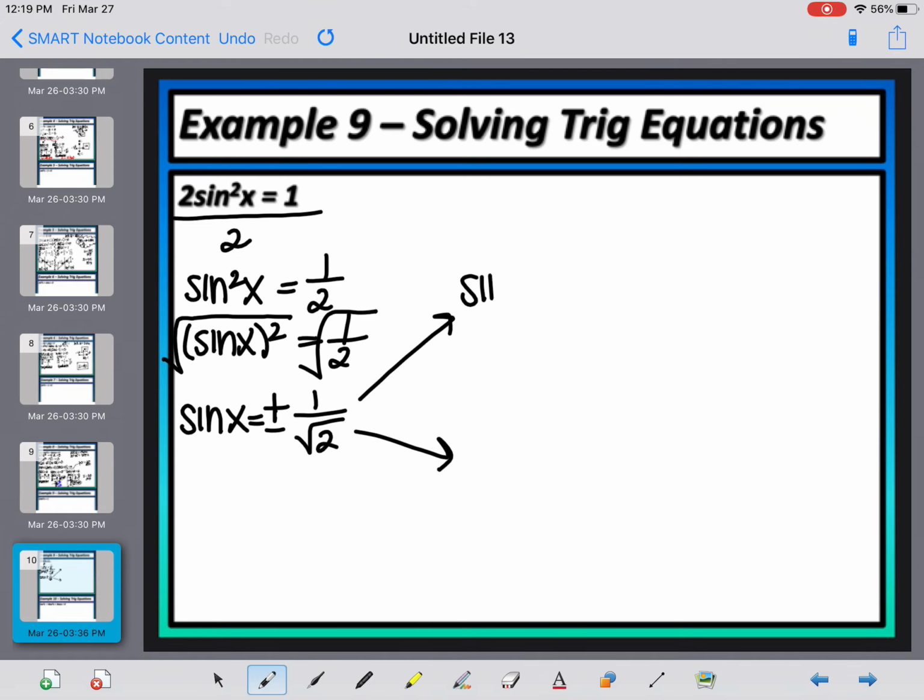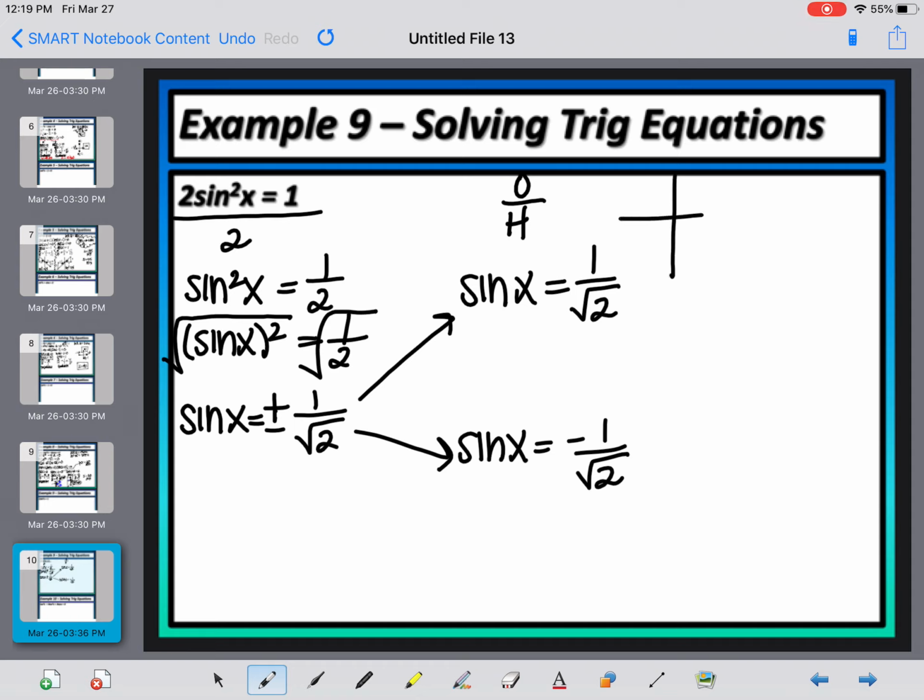So this is giving you two solutions. Sine of x equals 1 over root 2, and sine of x equals negative 1 over root 2. Make sure you have both options because they're going to produce multiple answers, and you have to have all of those angles that satisfy this. So sine being opposite over hypotenuse, this first we're looking for our positive quadrants.